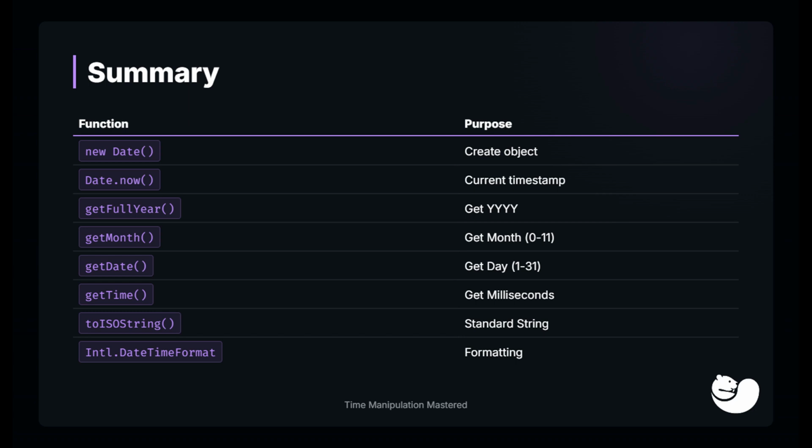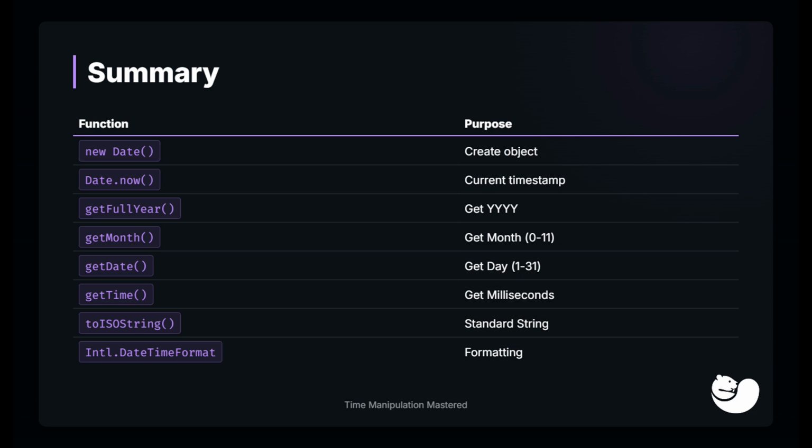We have now navigated the essential landscape of the JavaScript date object. We covered how to create dates and the importance of using timestamps for performance. We learned to extract components correctly using getFullYear and the zero-indexed getMonth while distinguishing between calendar getDate and weekday getDay. We explored precise time retrieval, the universal truth of getTime, and the mutable nature of setter methods.